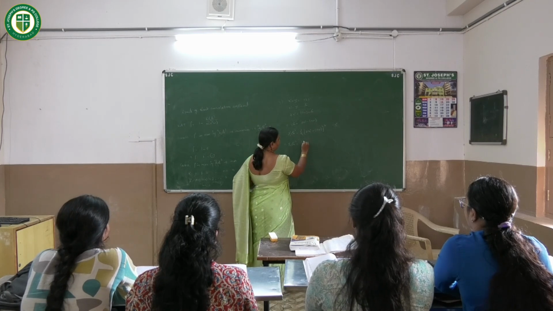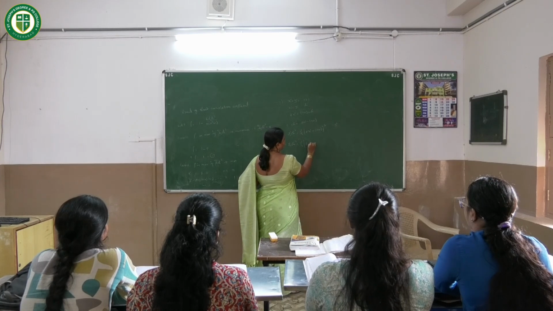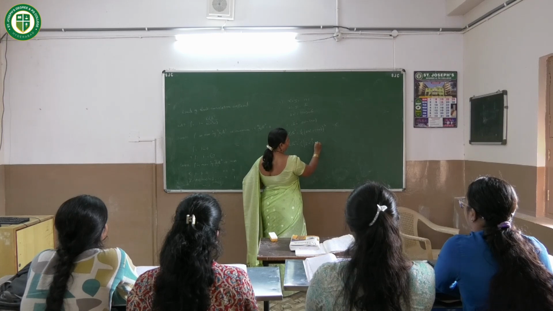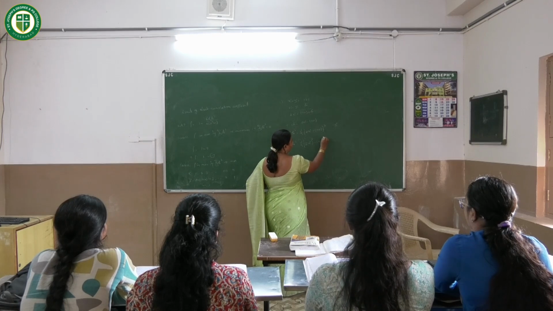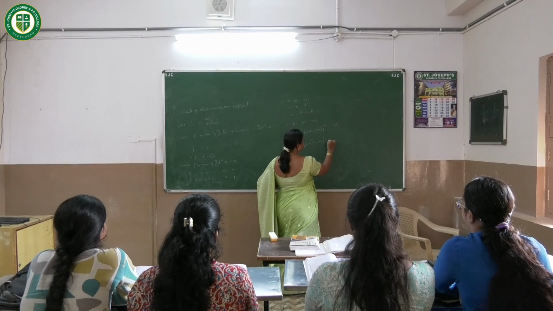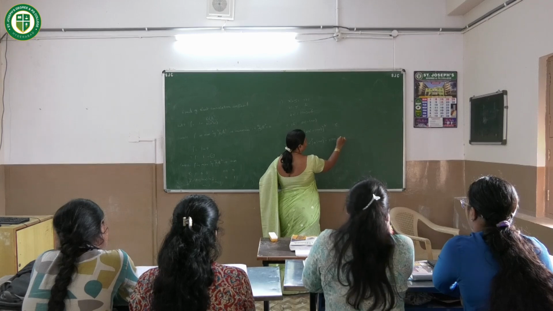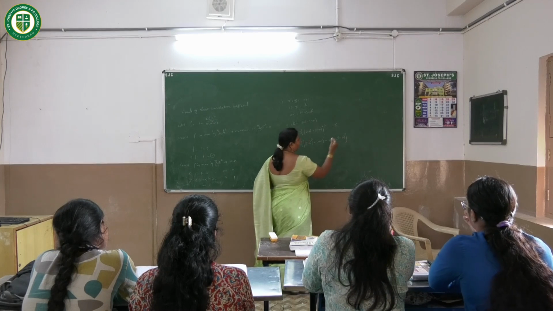That is summation of a square, 2xi whole square, plus n plus 1 whole square, minus 2ab, 2 into 2xi into n plus 1.